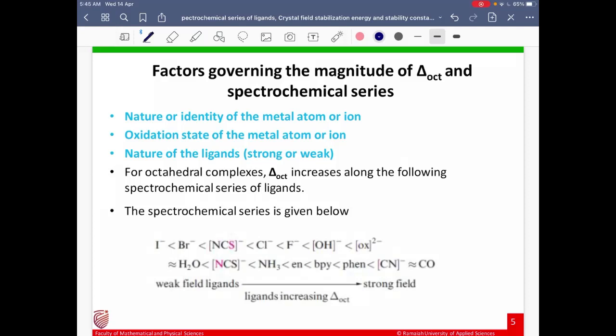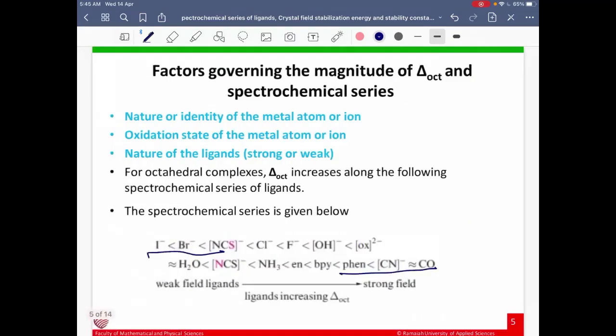For octahedral complexes, delta octahedral increases along the following spectrochemical series of ligands, where the ligands are arranged in increasing order of their strength. Weak field ligands are on this side and strong field ligands are here.